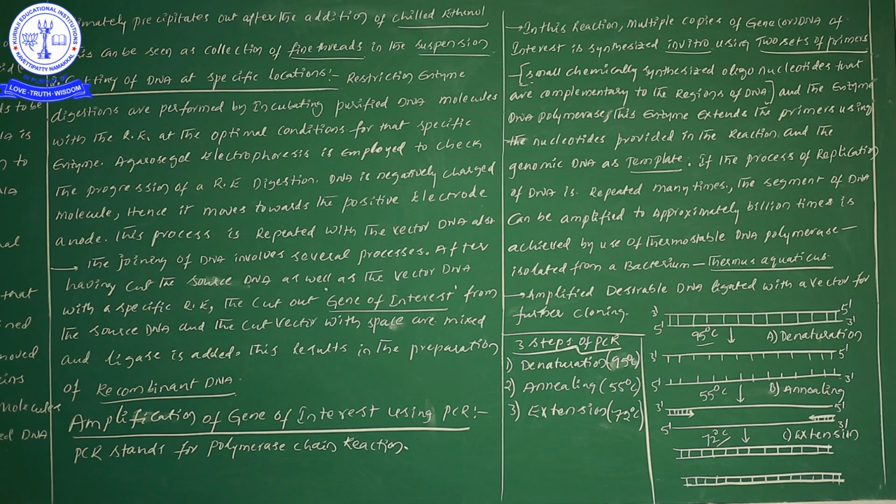When polymerization takes place, these two single stranded DNAs are converted into two double stranded DNAs, here one and here one. Now you are observing two double stranded DNAs. Earlier we had taken only one double stranded DNA, but after completion of the 3 steps of the PCR technique, we now find two double stranded DNAs.